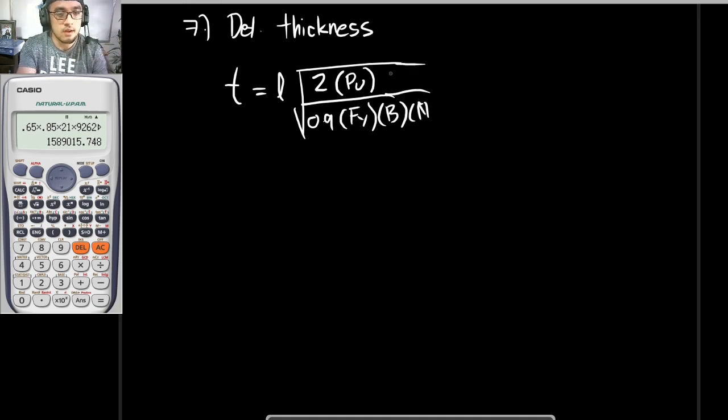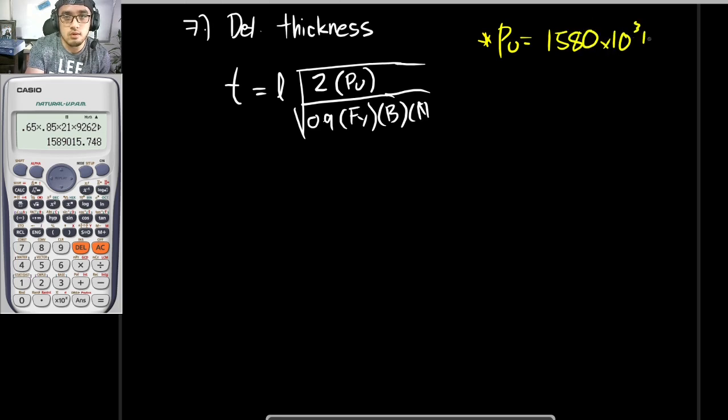Okay, so meron na tayong B. Sige, ililista ko na lahat. As for our Pu, is equal to 1580 times 10 raised to 3 newtons. Fy, sinabi kanina, this is to be 248 megapascals.